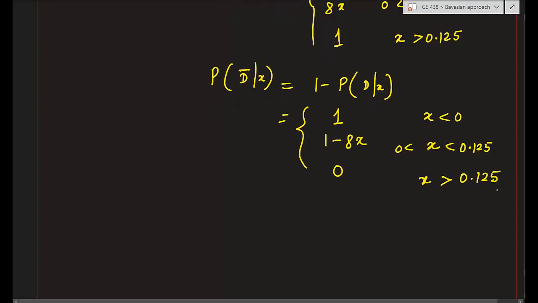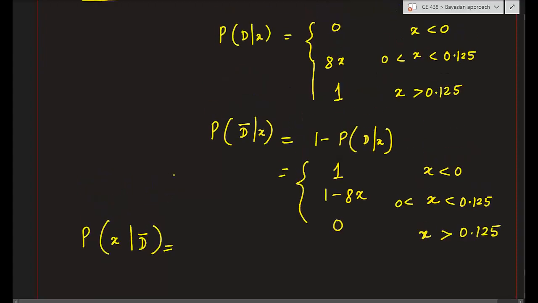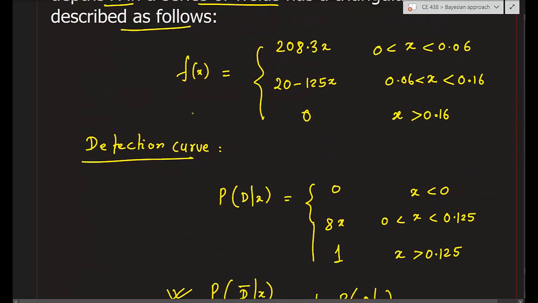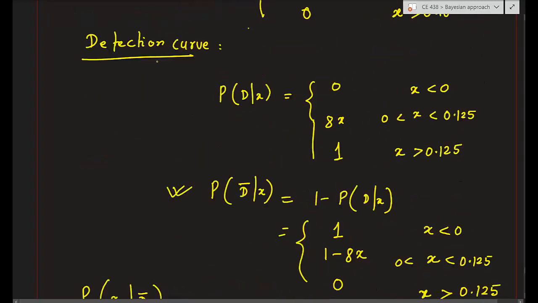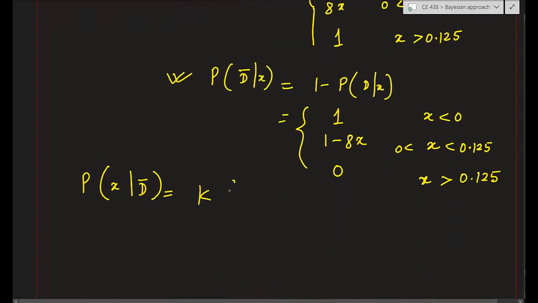Now we can calculate the posterior distribution, that is f(x|D bar), and for this we basically have to multiply this term and the previous term, that is this function. So for this we have k times f(x) times P(D bar|x).